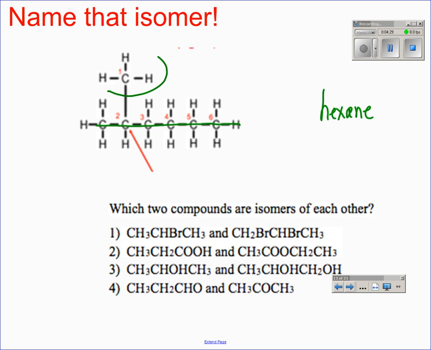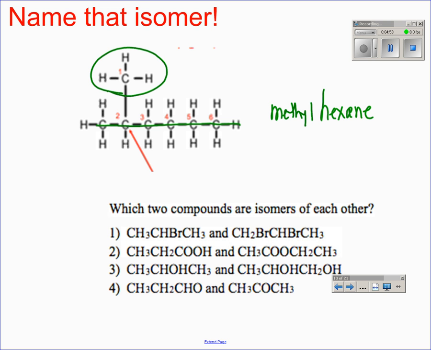Then you have to notice the side chain. The side chain in this case has 1 carbon atom with 3 hydrogens around it. If it had 4 hydrogens around it, it would be called methane. But because it only has 3 hydrogens around it, we change the ending to methyl. And then we have to give it an address.